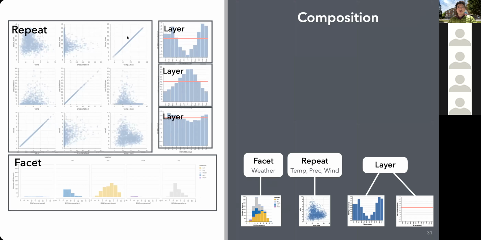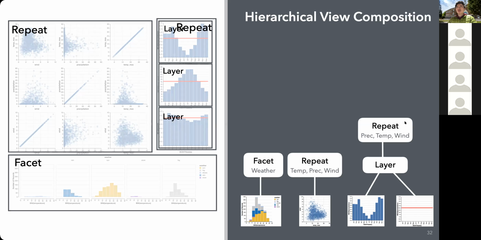And for each of these single ones, you need to create a layered visualization with the bar chart and the average, and then join them together. Once you have this, you repeat it 3 times vertically to show the 3 different attributes, say, I can't really see, but I think it's the precipitation, temperature, and wind. That gives you this part.